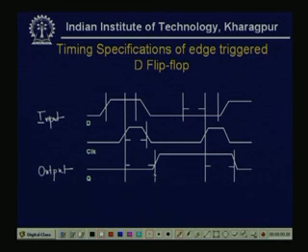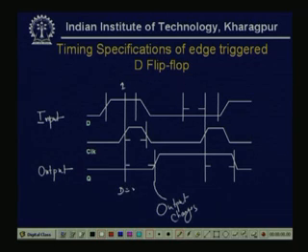This is my Q, and this Q changes at this position. So, this is the output change. Now, at the mid position, D becomes 1. This is my propagation delay, TPD, the propagation delay time.